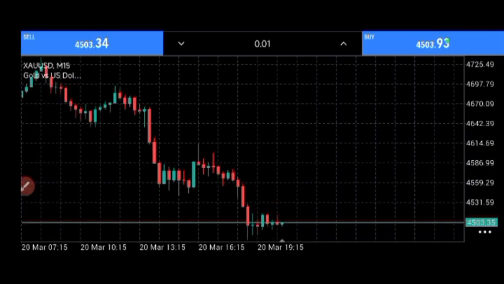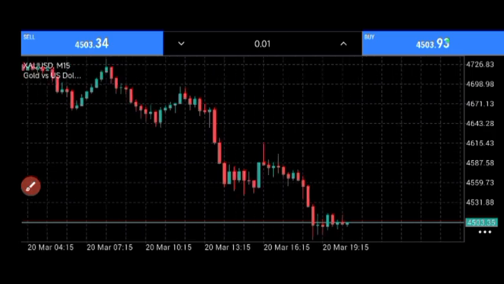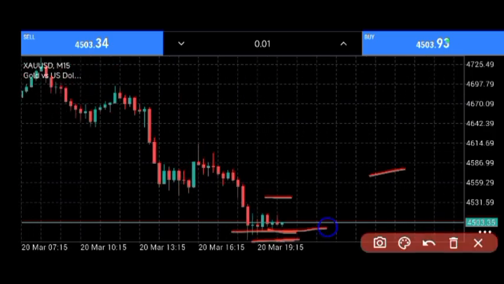You can mark your entry points to be around this place. There's going to be a reversal like that, and the market is actually starting to go up like that.